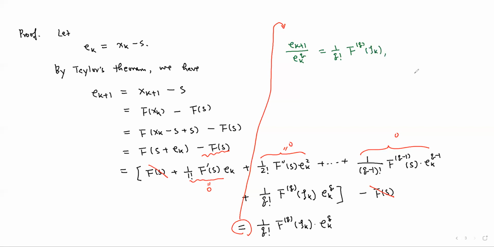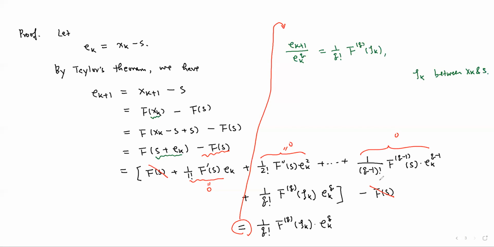What is psi k? Psi k is between this point and s, but this point is xk, so between xk and s.